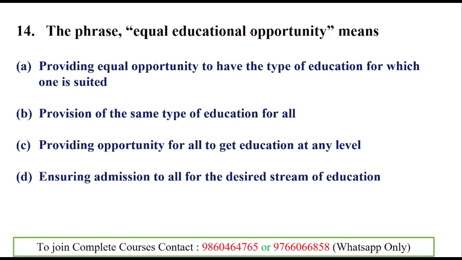And 14th question, last one, the phrase equal educational opportunity means. It means to provide equal opportunity to have the type of education for which one is suited. We cannot provide all types of education to all people or all students. There must be some suitability, and according to the suitability, the type of education must be provided to the students.